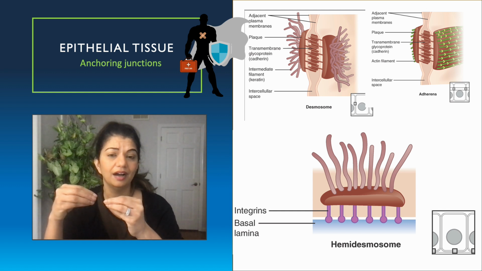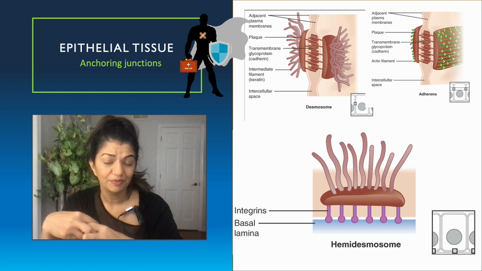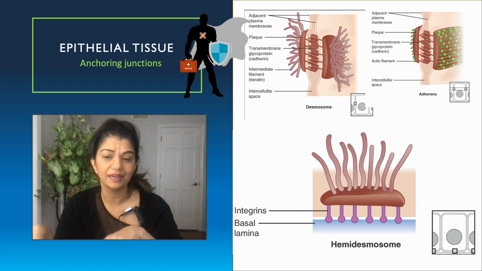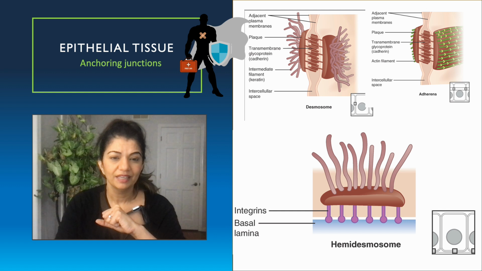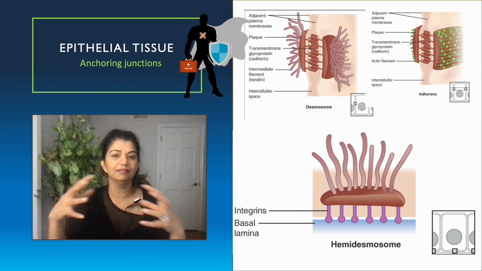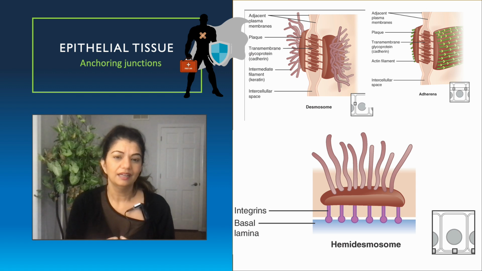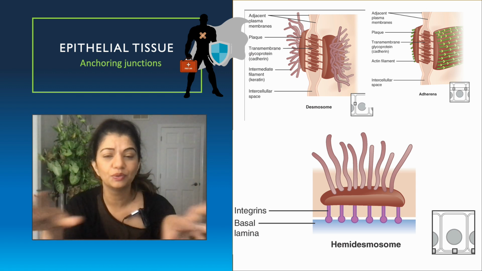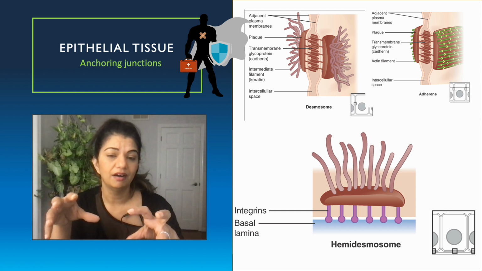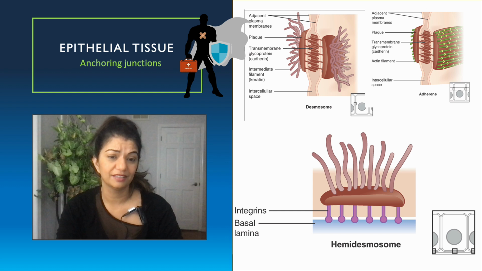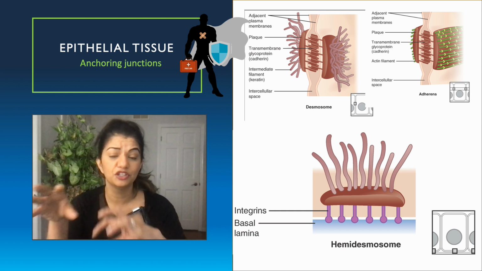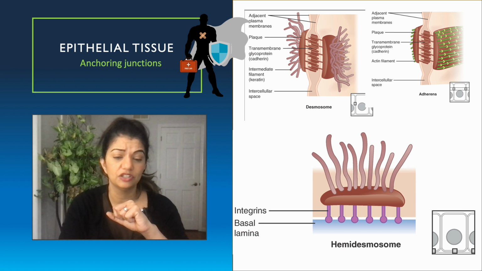They have a contractile protein, which is called actin, and that's going to be on the cytoplasmic surface of the cell membrane. And what the actin does, it connects with isolated patches, and it forms like this belt-like structure inside the cell. So, I mean, there's a lot more to it, but that's all you really need to know, that these junctions are key to how the epithelial tissue is going to look, how it's going to structurally unfold. And they do have some unique characteristics, each of these junctions.